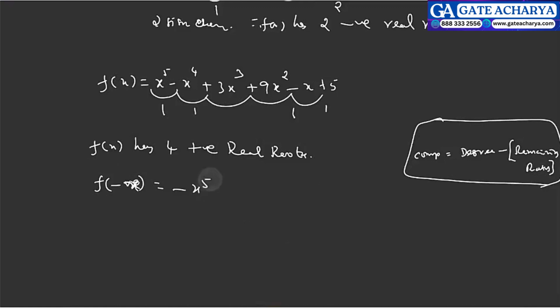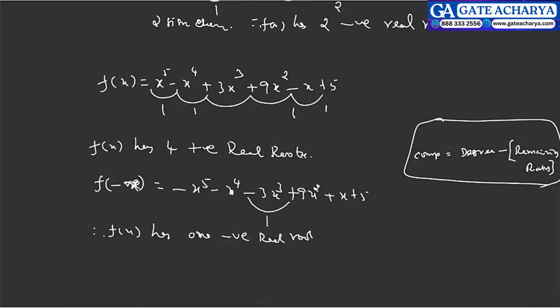Minus x power 5 minus x power 4 minus 3x cube plus 9x square plus x plus 5. No change, no change, one change, no change. Only one change. Therefore, f of x has 1 negative real root. So 4 positive roots, 1 negative root.